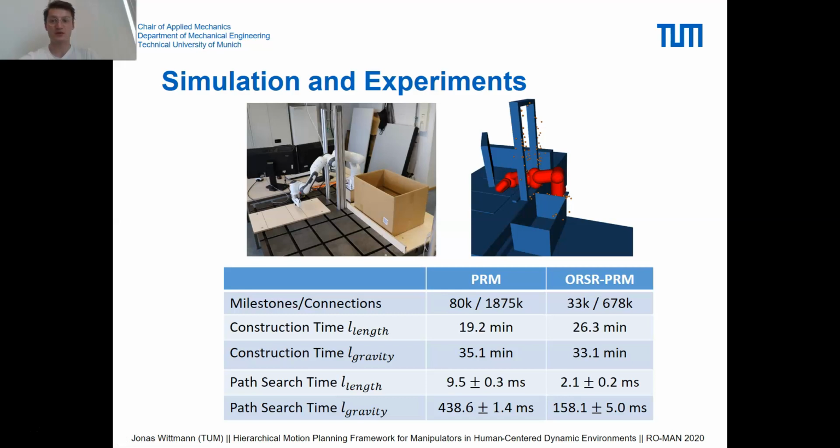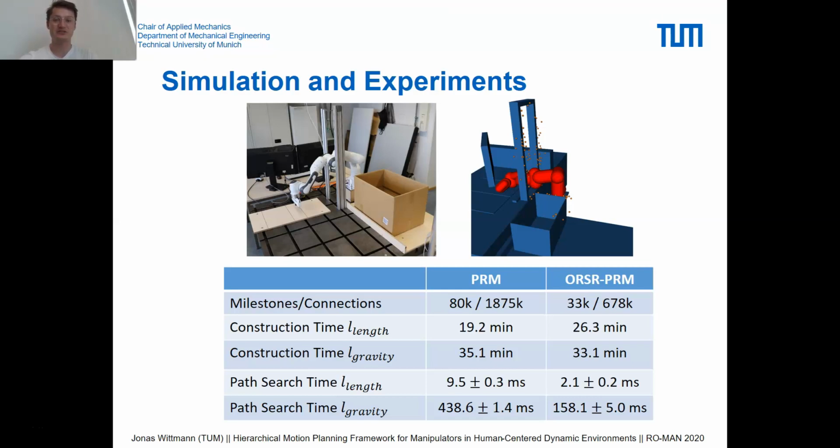For the path length optimization objective, the construction time of the roadmap of ORSR-PRM is higher compared to classic PRM, as the computational costs due to the additional post-processing rejection step predominate the computational savings due to less samples in the roadmap. It has been expected that the computation time for online motion queries decreases significantly by rejecting configurations that do not contribute to the roadmap quality.